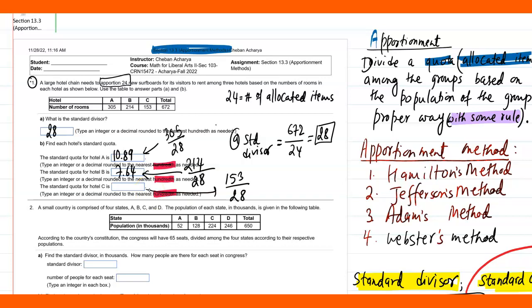That gives you 5.46. Okay, that's the standard quota for each group, or here each hotel. Does it make sense so far? Therefore, question number 1 is finished.